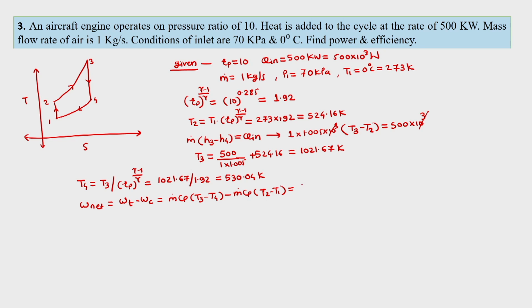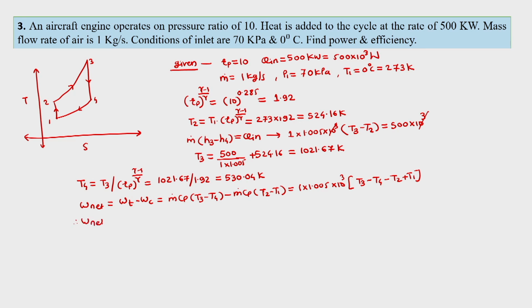So m dot is known to us, it is 1 kg per second, and Cp is 1.005 into 10 to the power 3. This is equal to T3 minus T4 minus T2 plus T1.